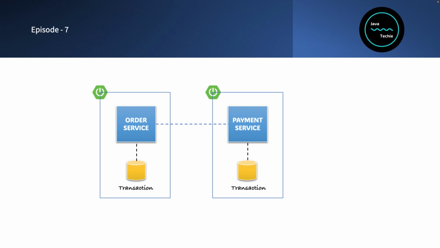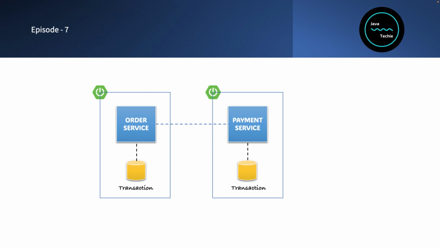This is transaction boundary 1 for the order service, and transaction boundary 2 for the payment service. Now from the order service you are calling the payment service, and you are expecting that if the order service fails, the payment service will roll back. That is not going to happen, because both are running in two different transaction boundaries.